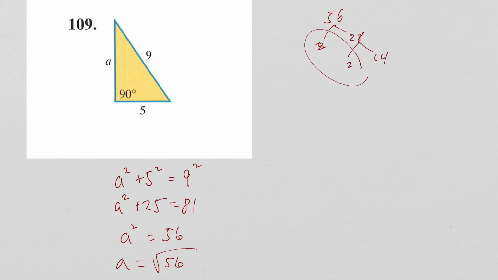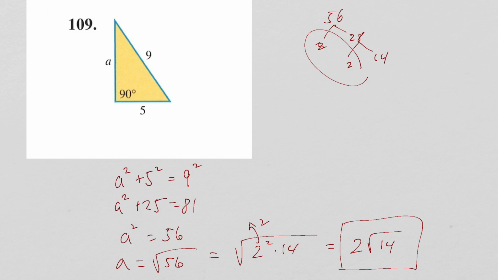This is 2 squared. And I can take out the 2 squared by square rooting it, we just get a 2. So this is 2 root 14. Notice I didn't bother to factor this any further because I know that's just 2 and 7, but I don't get a perfect square when I factor that, so I didn't bother.